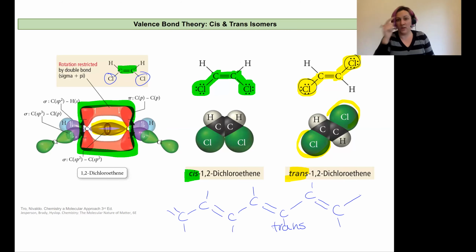So this will end up being a straight kind of chain. A cis isomer would have more kinks in it because we would have our carbon something like this. And so we get these different kinds of large structures for these molecules that are pretty interesting, and they can't convert between each other without undergoing a chemical reaction where they break bonds.